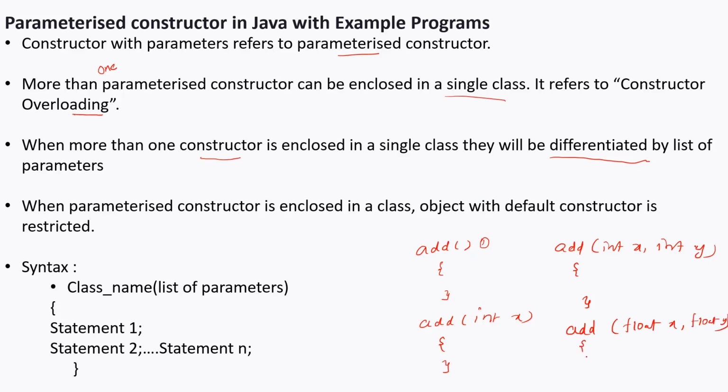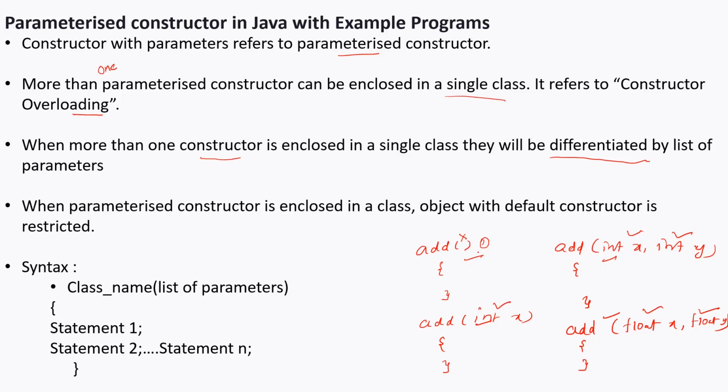So what you have done here, you have enclosed more than one constructor into a single class, but differentiating them with the list of parameters. Here no parameters, here one parameter of integer, here two parameters of integer, here two parameters of float. So as they are differentiated in terms of their data types and their count, this is called your parameterized constructor. You can enclose it in a single class.